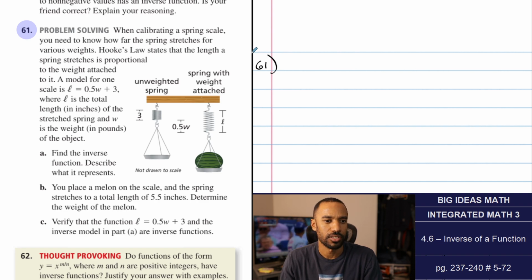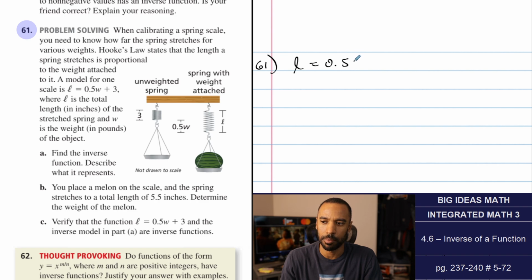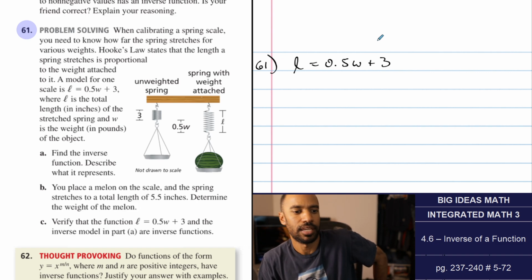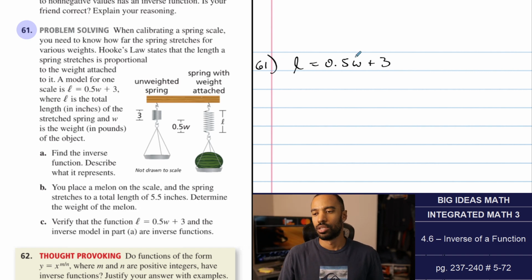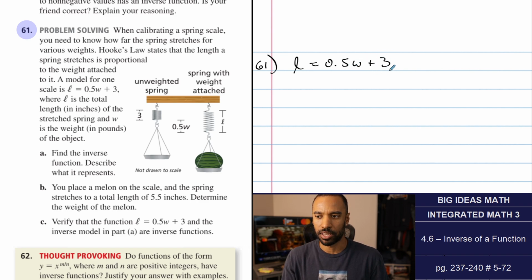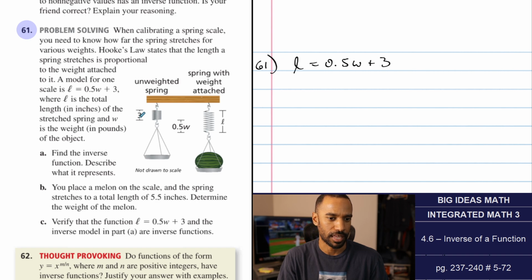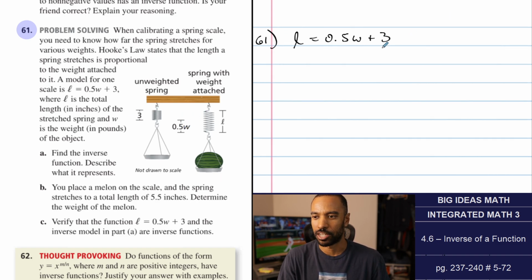A model for one scale is L equals 0.5W plus 3, where L is the total length in inches of the stretched spring and W is the weight in pounds of the object. So if there's no weight, the spring is still 3 inches long, and then you add half an inch per pound, basically.